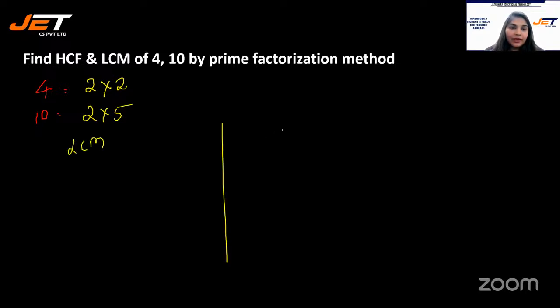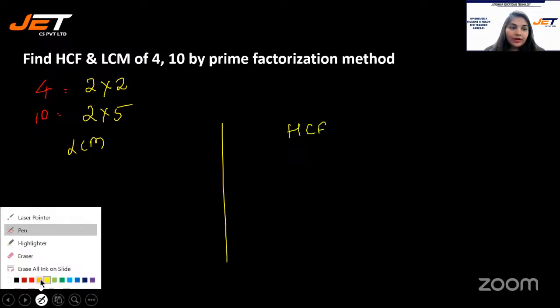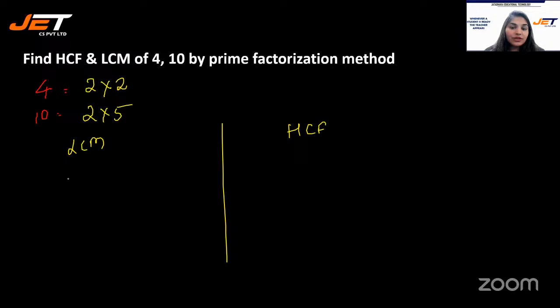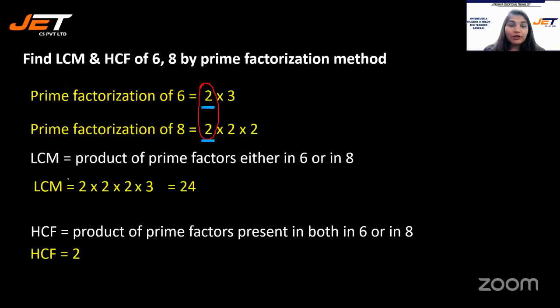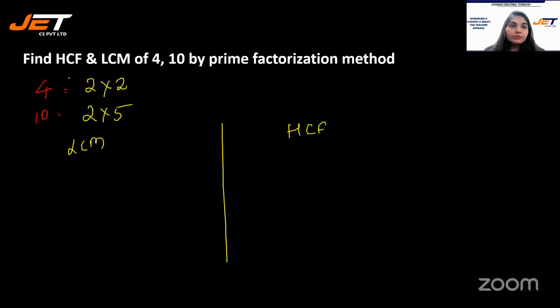LCM and here HCF. So as you have seen in the last question, LCM is product of prime factors either in 6 or in 8, and HCF is product of prime factors present in both 6 and 8. Okay, so max either in 4 or in 10, so it's like 2 times 2 times 5.